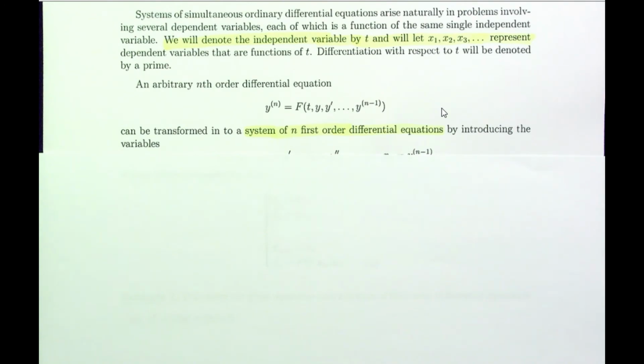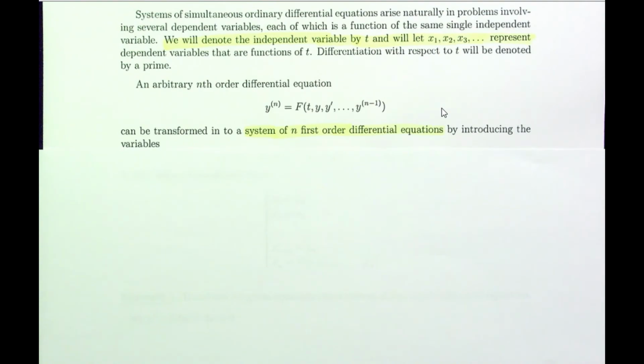And the process for converting an arbitrary nth order differential equation into a system is always the same. So whenever we want to convert an arbitrary differential equation into a system, we're going to always follow the same procedure. And here is the procedure.